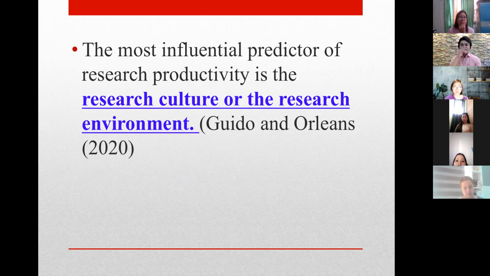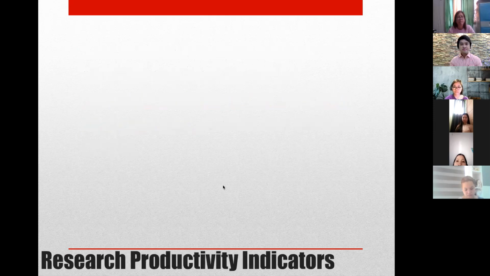The common saying that you cannot give something that you do not have is very applicable in this present situation. Kaya dapat tayo mismo na nasa EDD program ang maging role model sa paggawa ng research para maka-influence tayo ng mga kapwa natin na gumawa ng research because research culture is very important.